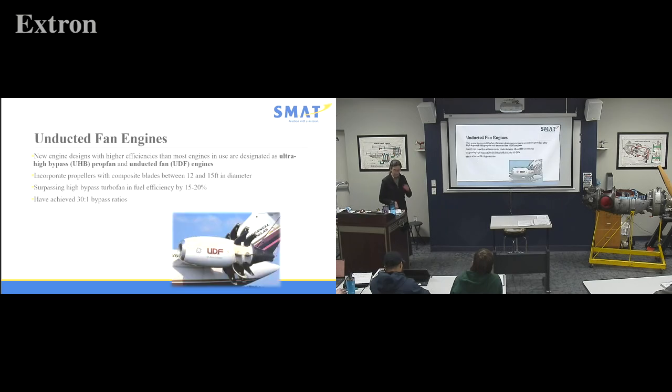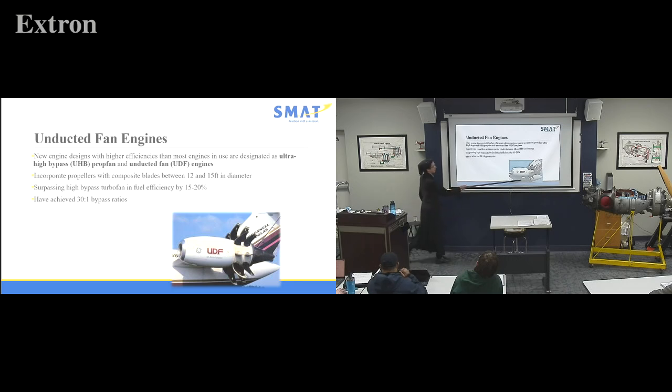A curious thing that they've done years ago, but now they're trying to do it again, and we'll talk about this more in depth in propeller class. But they do have unducted fan engines. So here we have our fan on the back, and new engine designs with higher efficiencies than most engines in use are designated as ultra high bypass, or UHB: prop fan and unducted fan.